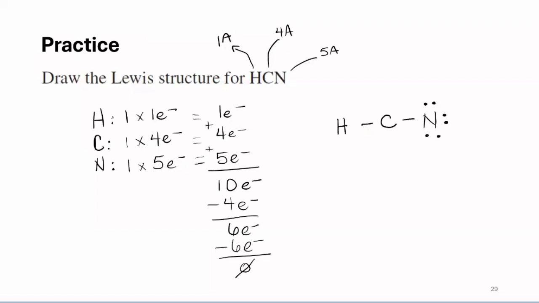So nitrogen will give in 4 electrons. So what we do is that when we share electrons, we write them as a bond. So these are the first 2. And then it needs to share 2 more.